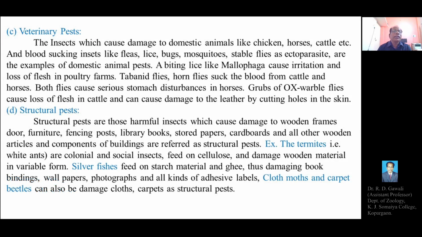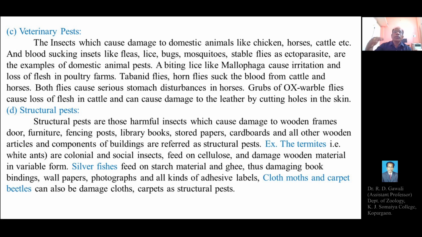Then the third category, that is veterinary pest. So these are the pests which attack domestic animals and cause damage or loss to them. The insects which cause damage to domestic animals like chicken, horses, cattle, etc., and blood-sucking insects like fleas, lice, bugs, mosquitoes, stable flies as ectoparasites, are examples of domestic animal pests.